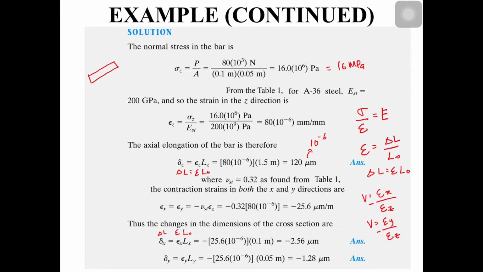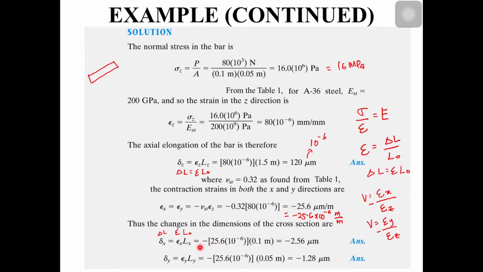So don't confuse these units. They also have 25.6 times 10 to the power of minus 6 m over m, same thing, because the unit for strain is meter over meter or mm over mm, it's the same. So you get the answer: the change in dimension for delta x is minus 2.5 micrometer, and delta y is minus 1.28 micrometer.